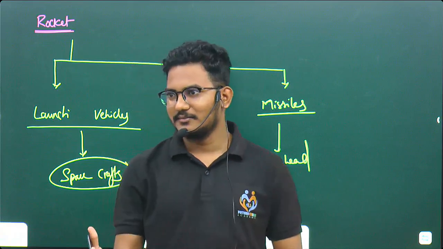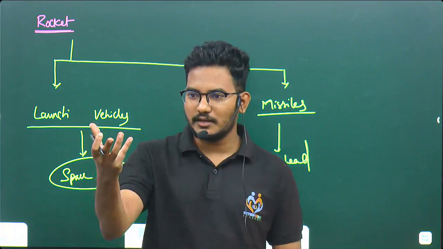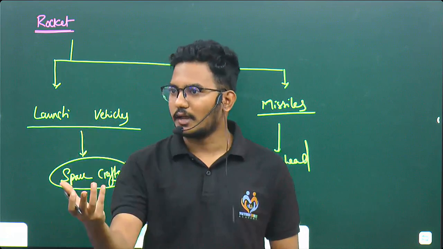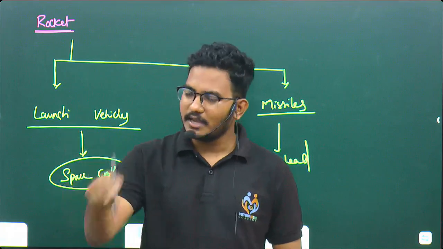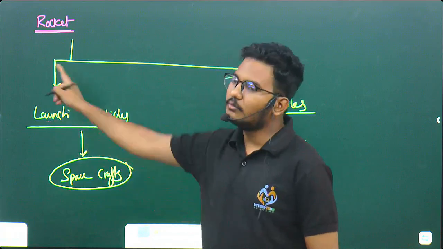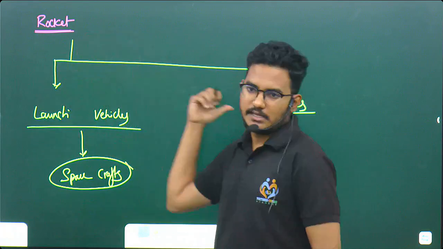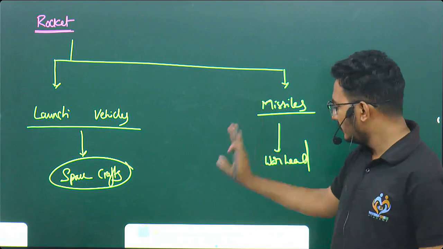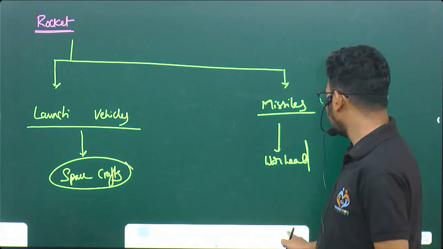But the rocket generally boosts up the launch vehicle and gives it the energy to travel. This is the rocket, and the remaining part is called the launch vehicle. And one more application of rocket is missiles. Understood? So simple.